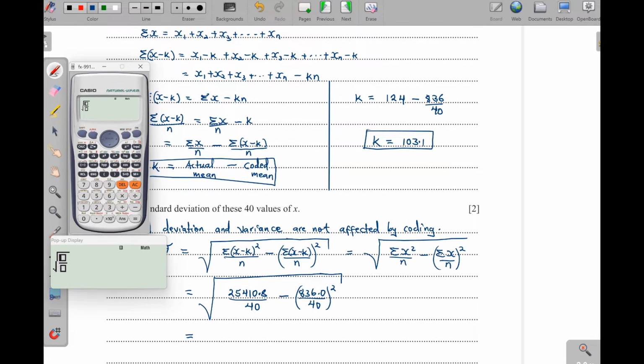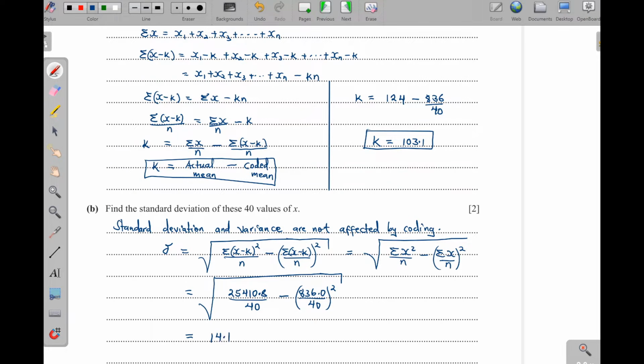Square root of 25410.8 out of 40, then subtract 836 out of 40, then we square that. So our answer becomes 14.1 to 3 significant figures. As simple as that.